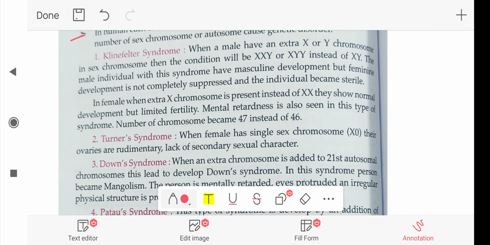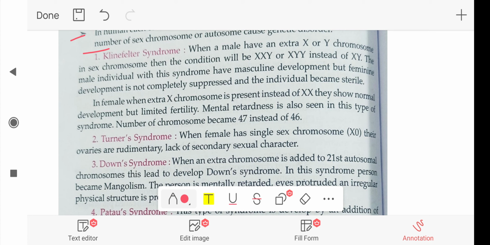Now we'll read about kinds of genetic disorders. First, Klinefelter syndrome. Here, when a male has an extra X or Y chromosome in sex chromosomes, then the condition will be XXY or XYY instead of XY.